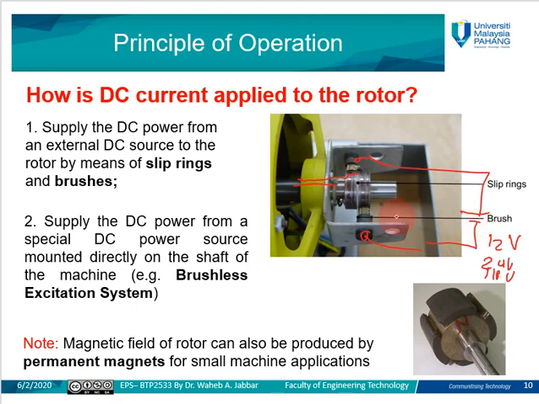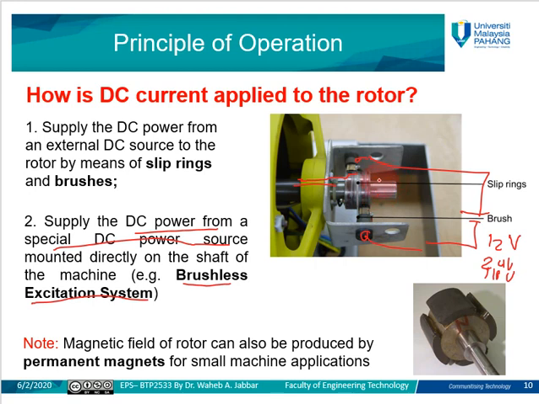The second method is by using DC power from a special DC power source. When we say special DC power source, we mean we are going to use an exciter, or what we call a brushless excitation system. The brushless excitation system will be placed on this area.